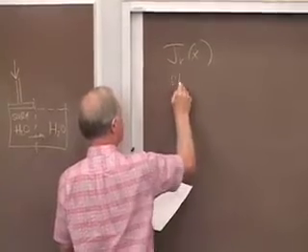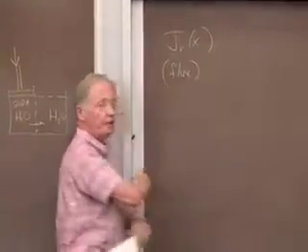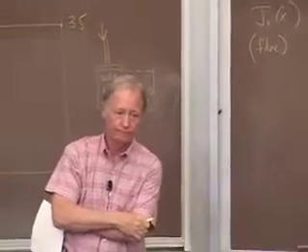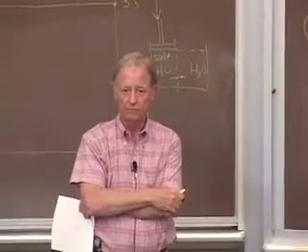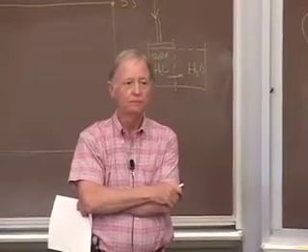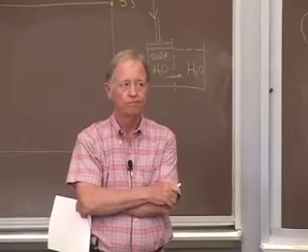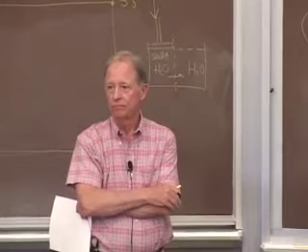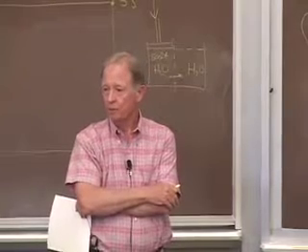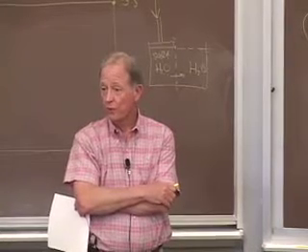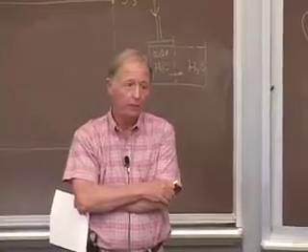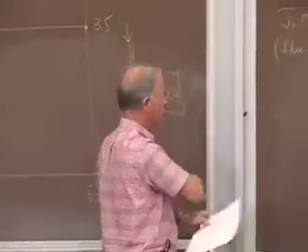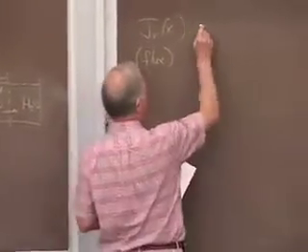So this is a flux of fluid. What units would it have if it's a flux of fluid? Gallons per area per time, right? Or mLs per area per time. That's a flux. Now, what's that equal to?